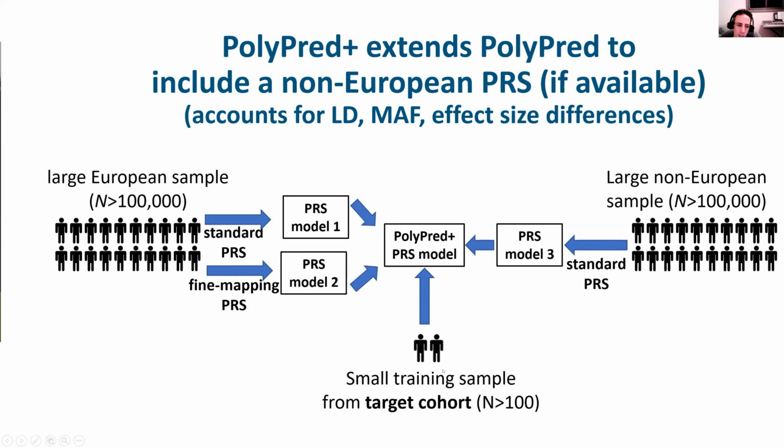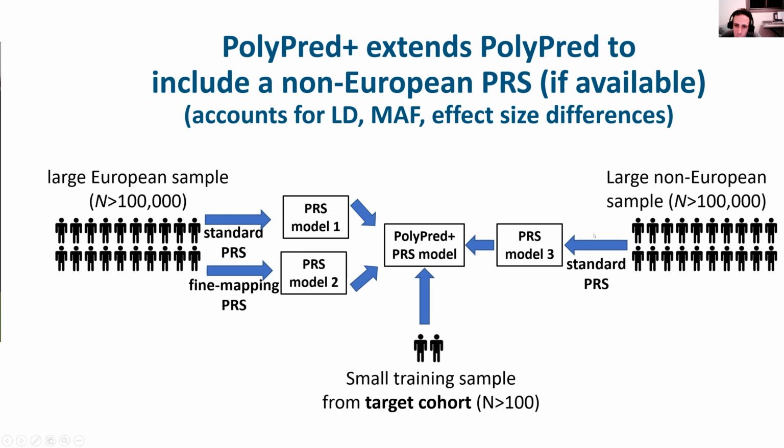And the closer the training sample is to the target cohort, the less it matters if we do fine-mapping or standard PRS, because the LD patterns are the same. The main advantage of fine-mapping is when the LD patterns are very different between the training and the test sets. So hopefully, if this training set is similar to this test set, fine-mapping wouldn't give us that much advantage.